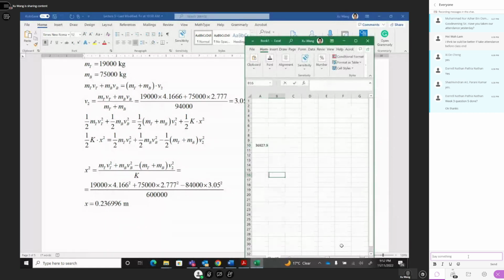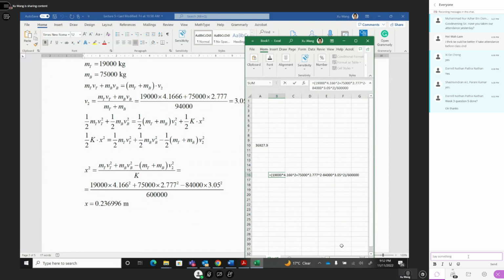You can type in equal to 19,000 multiply 4.166 squared plus 75,000 multiply 2.777, and then minus 84,000 multiply 3.05 squared, in brackets, this numerator, divided by k, which is 600,000.